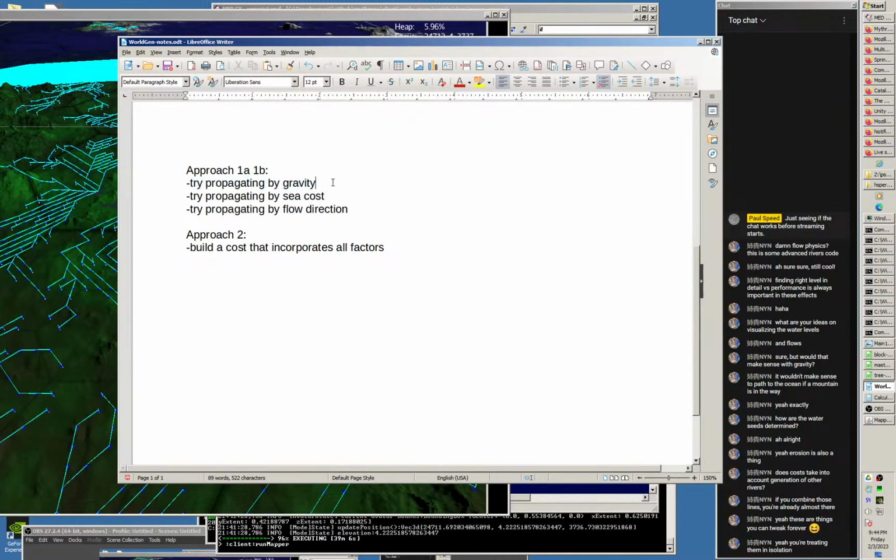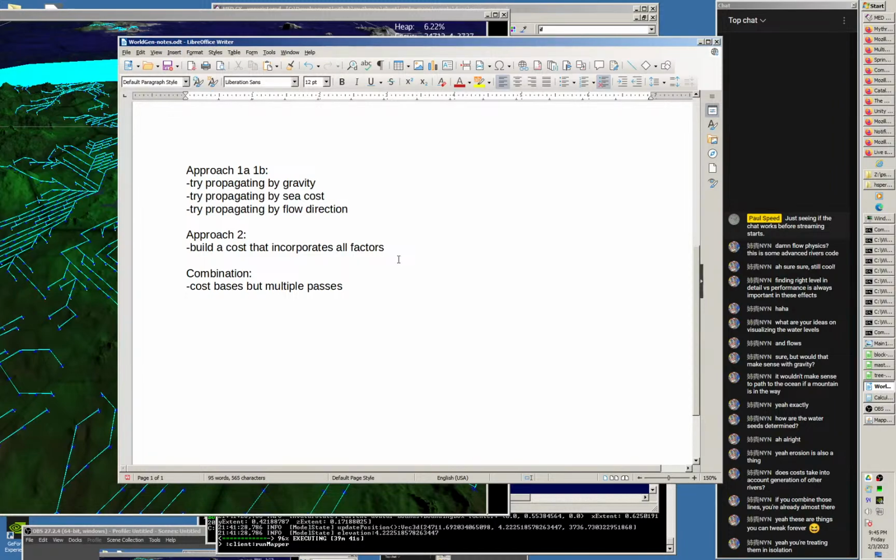Maybe we do cost-based, but multiple passes. In the first pass, we heavily bias towards gravity and joining existing rivers. Then in the second pass, we use sea cost and flow and some other things to try to cheat, for the things we couldn't get by gravity.